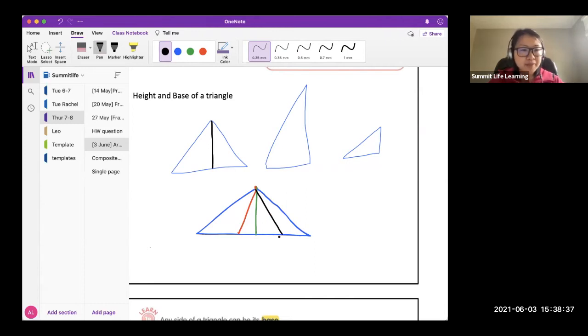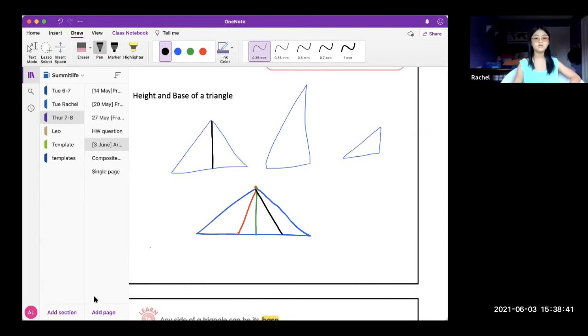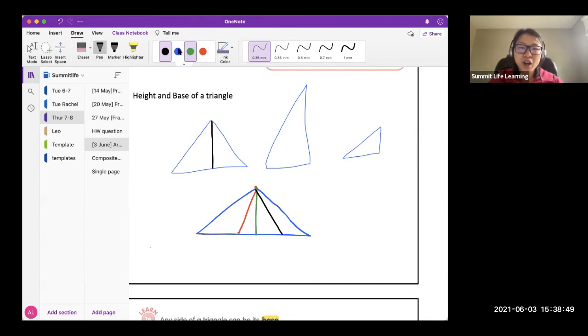Rachel again? The green one. Why? Because the black and red are on angles and that could change the length. Yeah, okay. You can observe that when I have the red line, there is a certain angle here. When the angle gets smaller, the line gets longer.